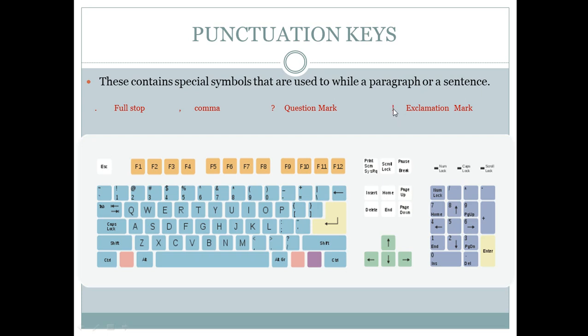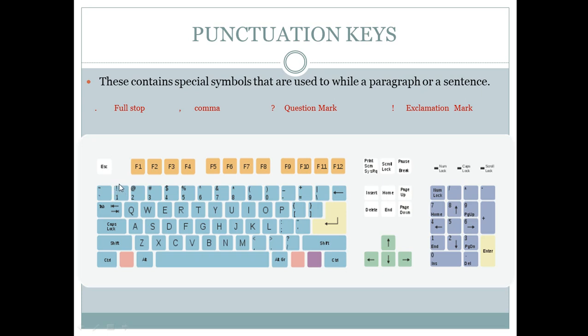So here the last one is the sign of exclamation. This is also a punctuation mark, and this is present above the number key, that is 1. This is the numeric key 1, and this is also known as a punctuation key. Why?